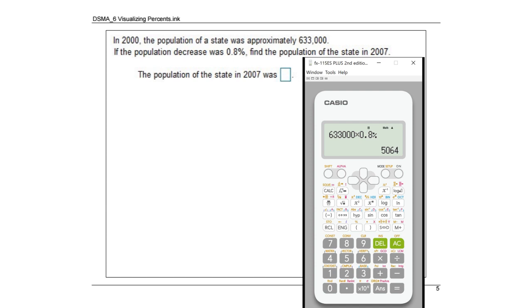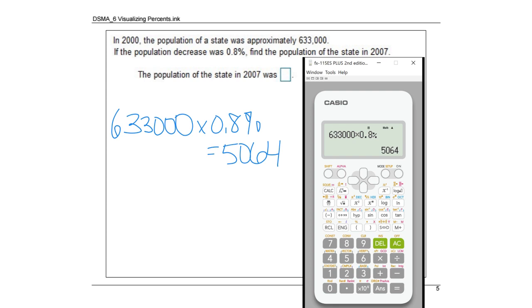All right, this one is actually a decrease. So we start with 633,000 people. That's the population of the state in 2000. By 2007, it has decreased by 0.8%. Okay, so with our Casio, we can just multiply those two together. That gives us 5,064. That's our decrease, but that's not our population in 2007.